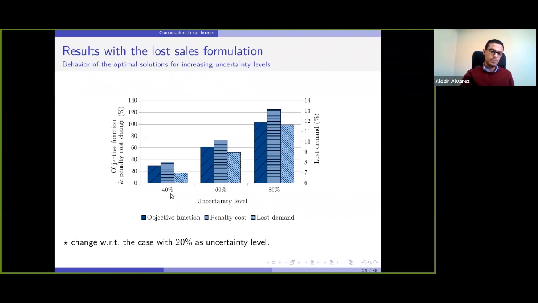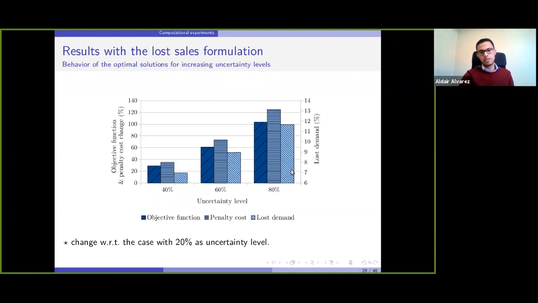So as we see here, as we increase the uncertainty level, this cost and the penalty cost grow. And the third column of each group shows in this axis the percentage of the total demand that is unmet, so that is lost sales.